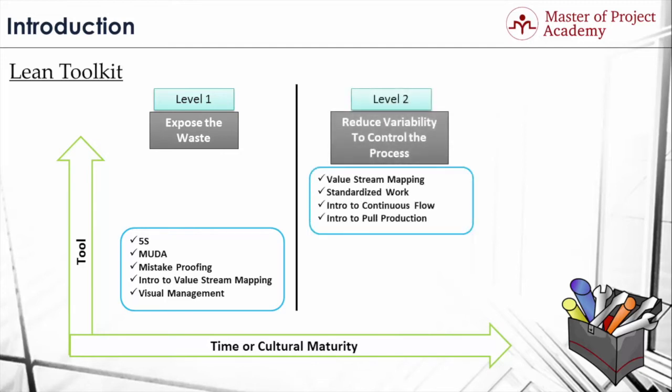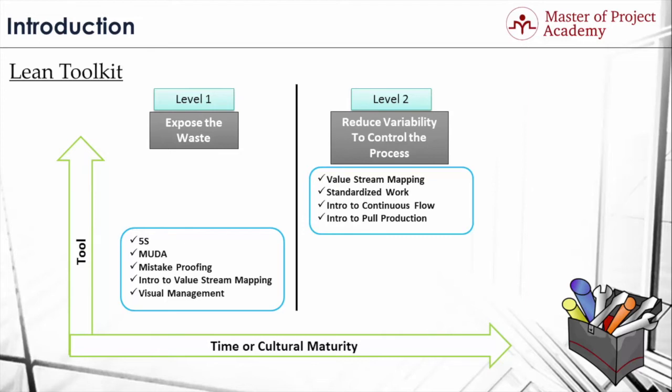The second level is targeted at reducing the variability to control the process. To reduce variability, it takes help of 4 tools, i.e. VSM, standardized work, introduction to continuous flow, and introduction to pull production. Over time, as the organization reaches a more mature level, waste is expected to be minimized.